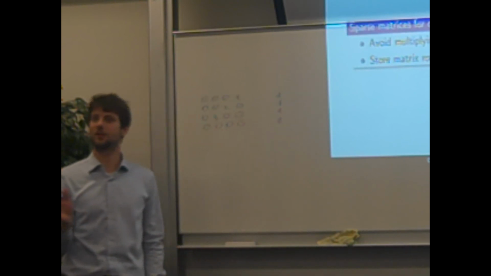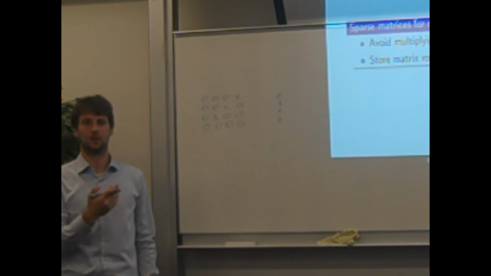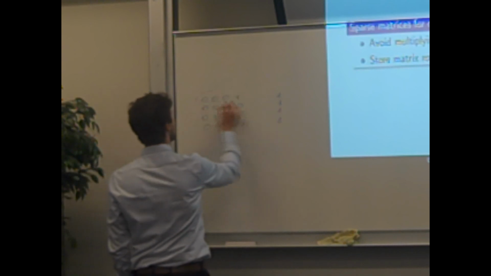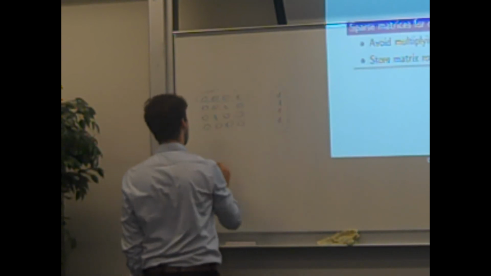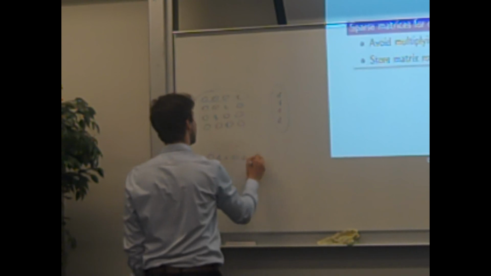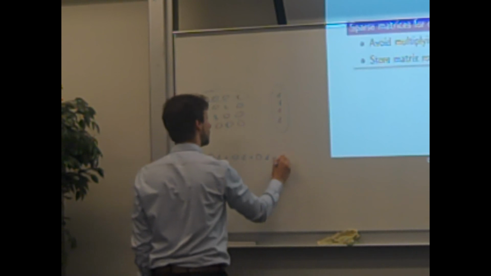Very simple multiplication. So, what do we do? Every row is going to be dotted by the vector. So we're going to do this row against the vector: 0 times 1 plus 0 times 1 plus 0 times 1 plus 1 times 1.